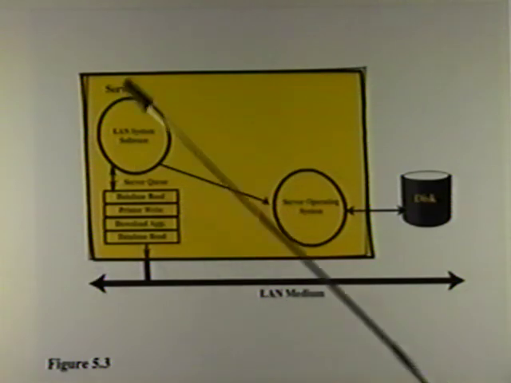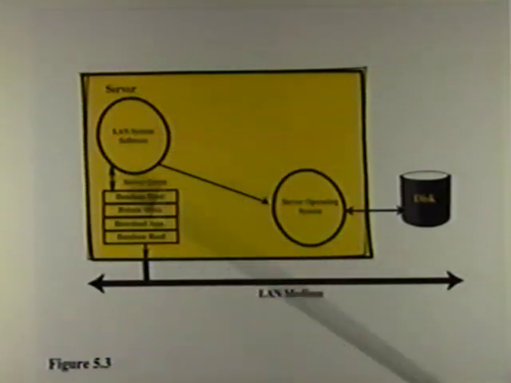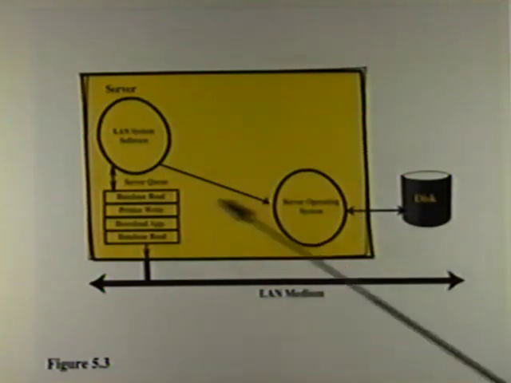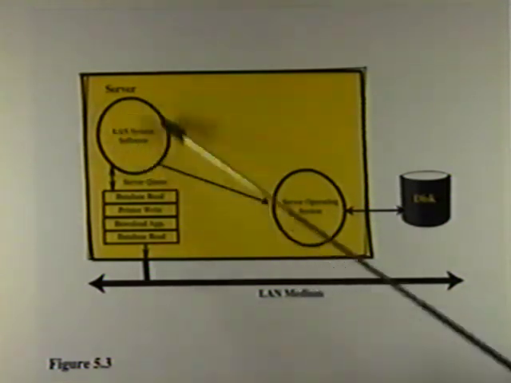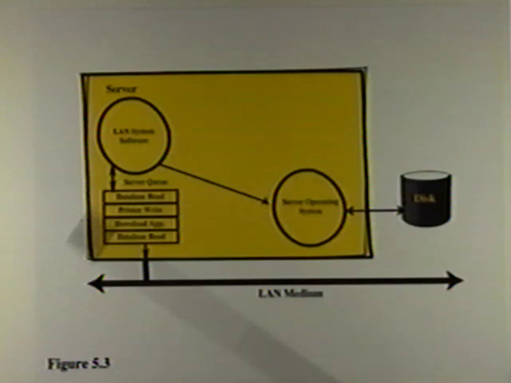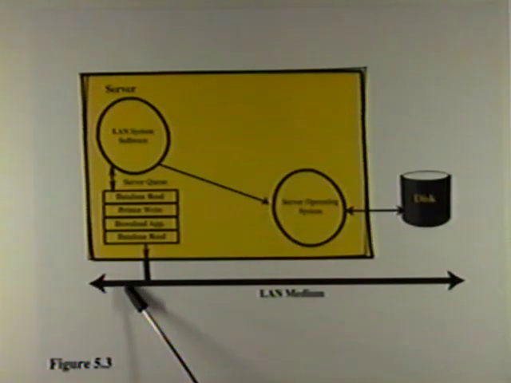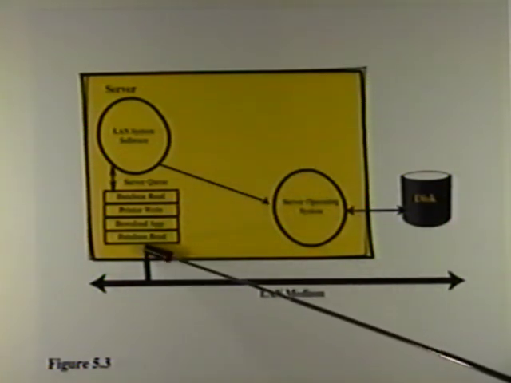We're on the server side now, and the server only has two main logical software modules. The first one is the regular operating system, and the second one is system software that again facilitates the use of the local area network. So as a request is made from the workstation now, it's going to come over the LAN medium to the network interface card, and then it's going to come up into the server.